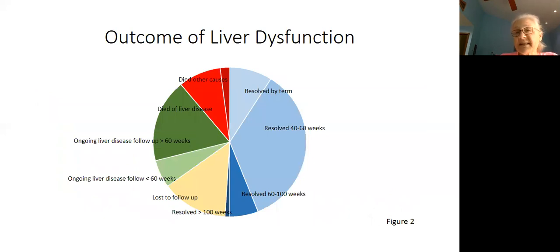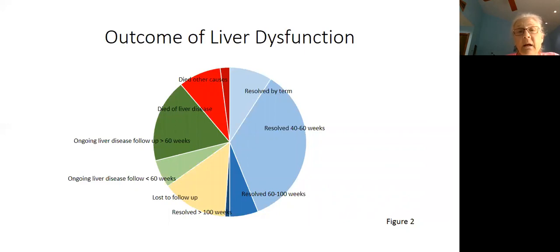This liver disease is significant. This is a pie chart of what happened to all the babies in my study. You can see about half of them resolved their liver disease by the first year of life, but a fair amount went on to having continued disease.